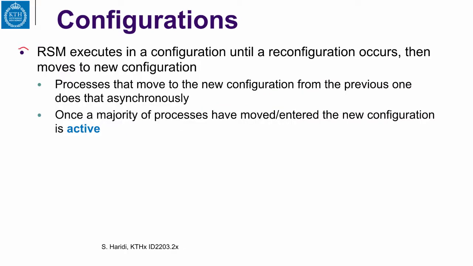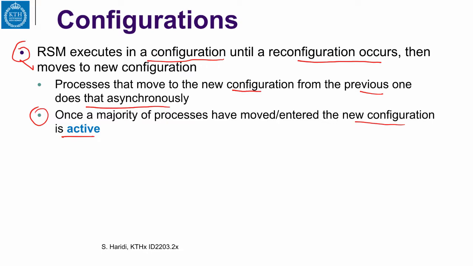A replicated state machine executes in a configuration until a reconfiguration occurs. In this case, it moves to the next configuration. Processes that move to the new configuration from a previous one do this asynchronously. We are in an asynchronous system, so processes can move from one configuration to the next, but they are independent and can move at different times. Once a majority of processes have entered a new configuration, we say that this configuration is active.